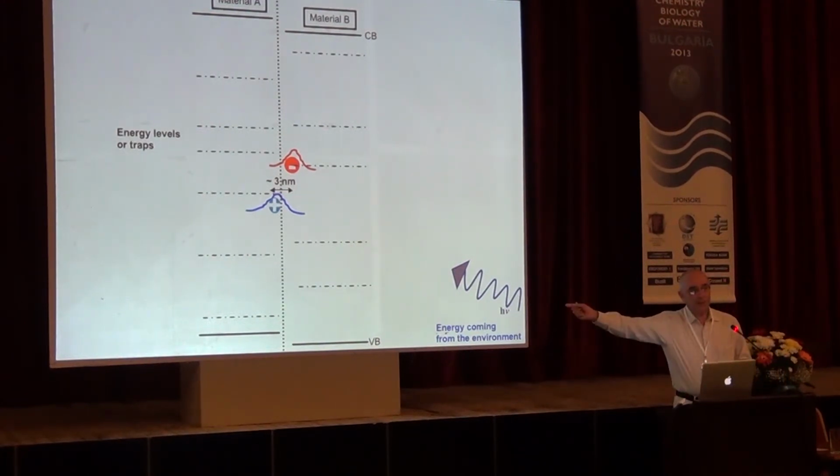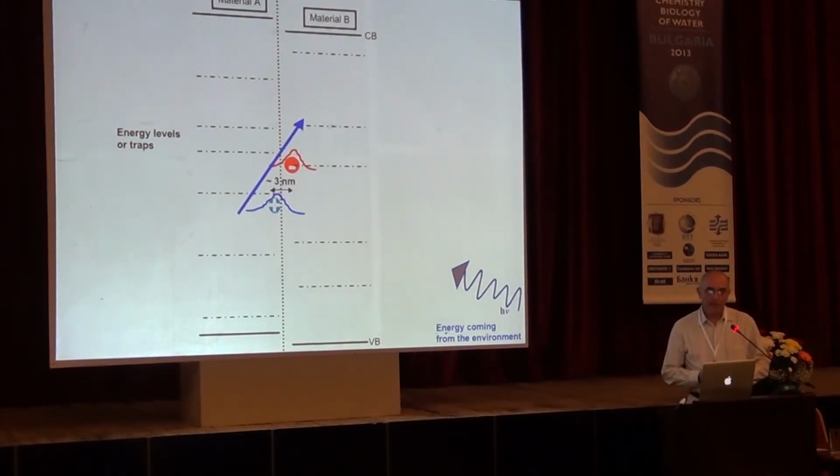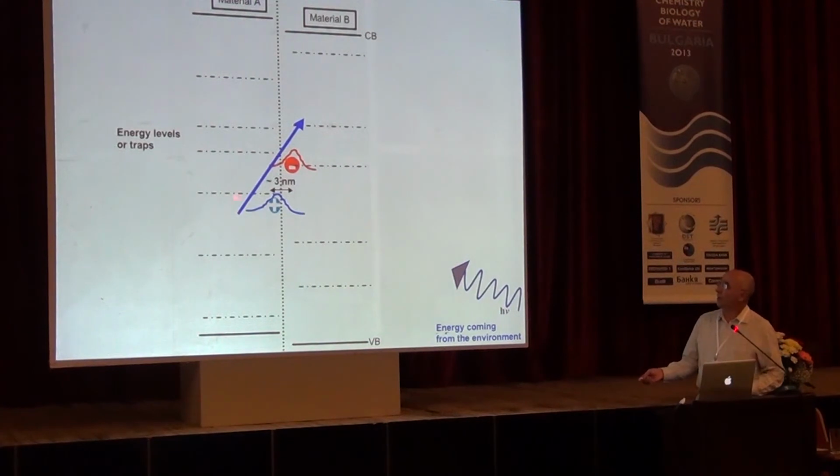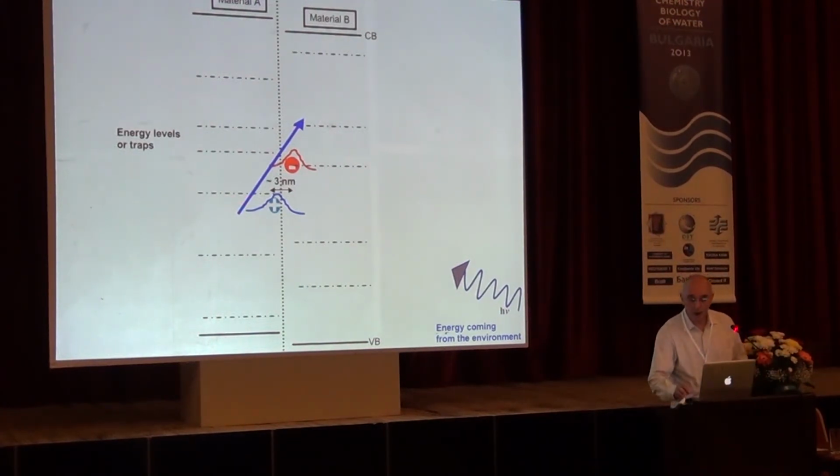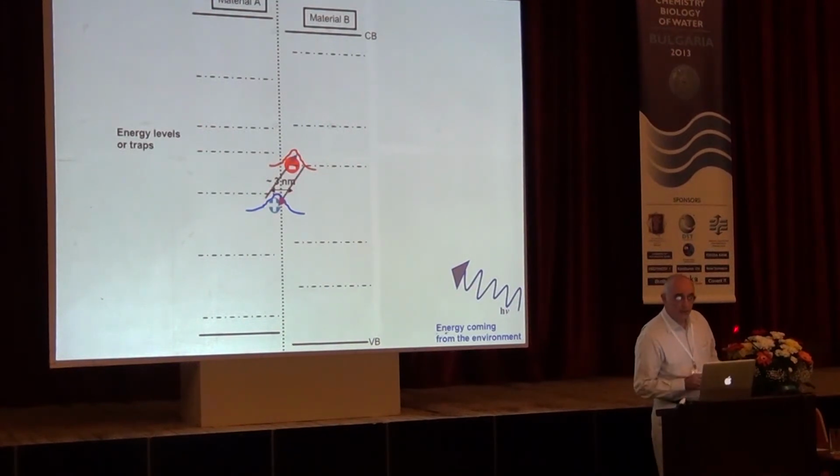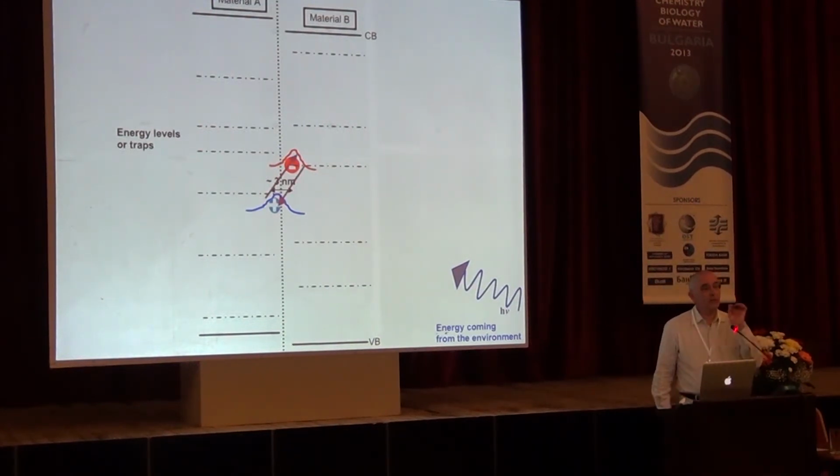They cross the interface. In this case, I can have the crossing of charge with an excitation like this, but I can also do it differently, exciting just the interface.